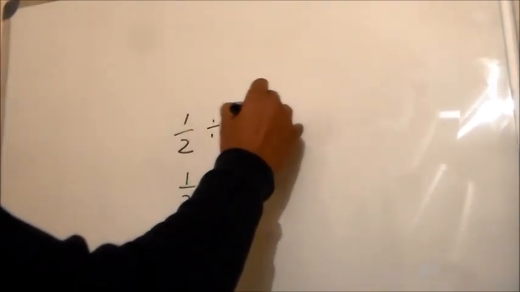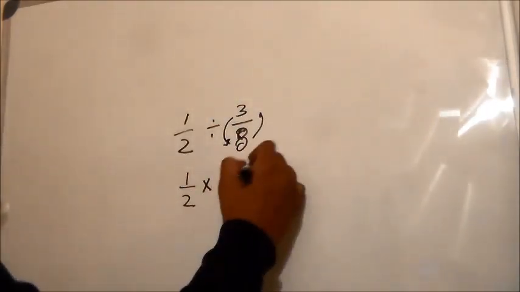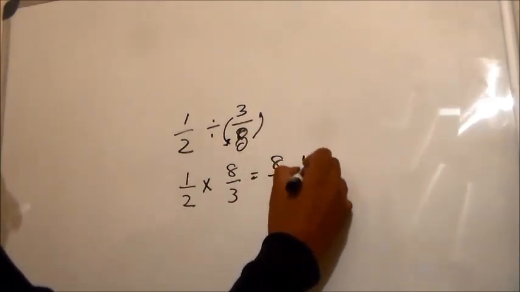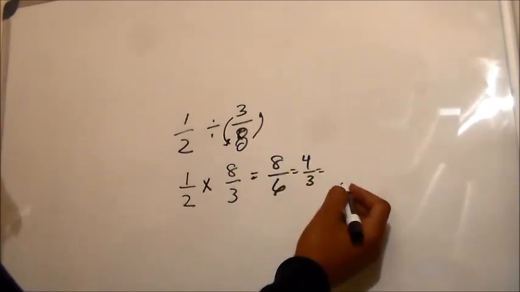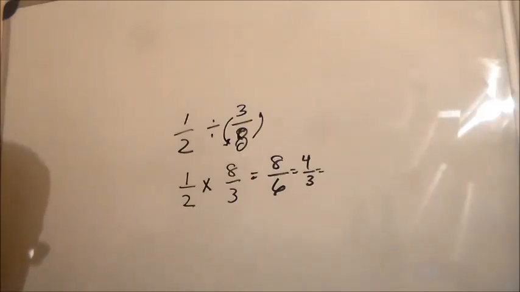So the 8 goes up, the 3 comes down, and then we multiply. 8/6 reduces to 4/3. The numerator should always be smaller than the denominator, and that's not the case, so this turns into a mixed number, 1 1/3. That was division of fractions. So the division of fractions actually turns into a multiplication problem.